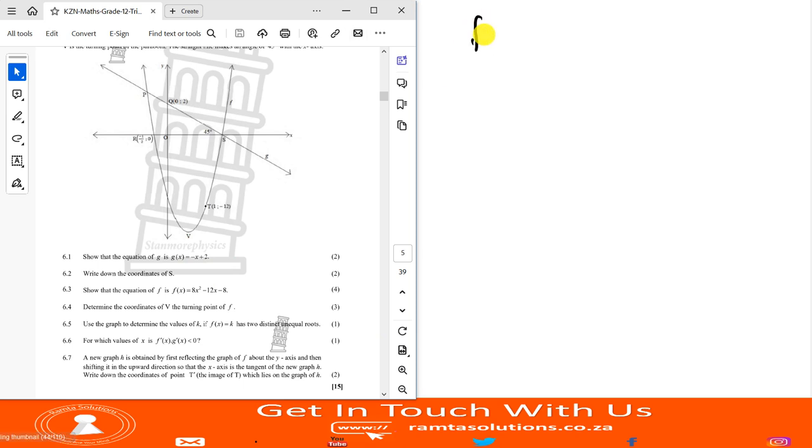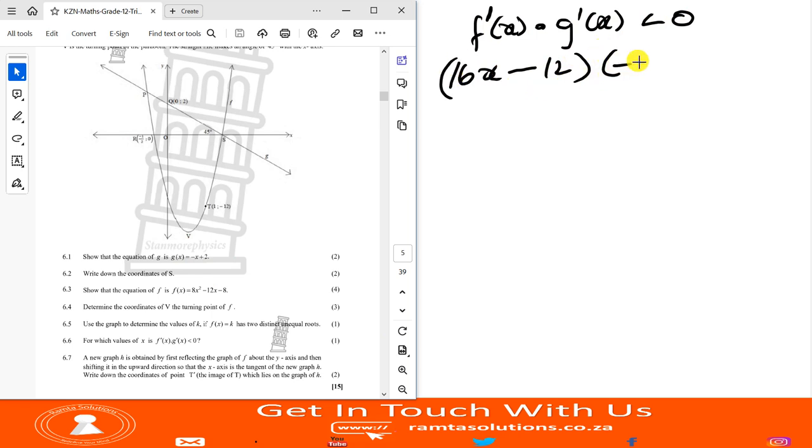Remember, we are looking for f prime x times g prime x to be less than 0. f prime x is 16x minus 12, and g prime x is minus 1. So negative, 16x minus 12 is less than 0.